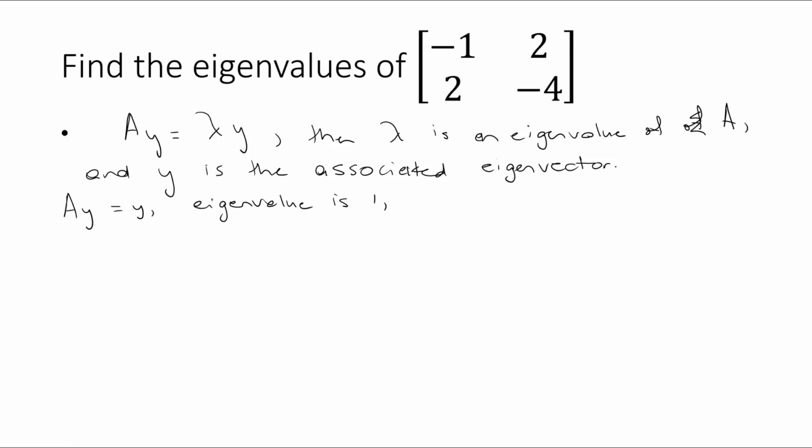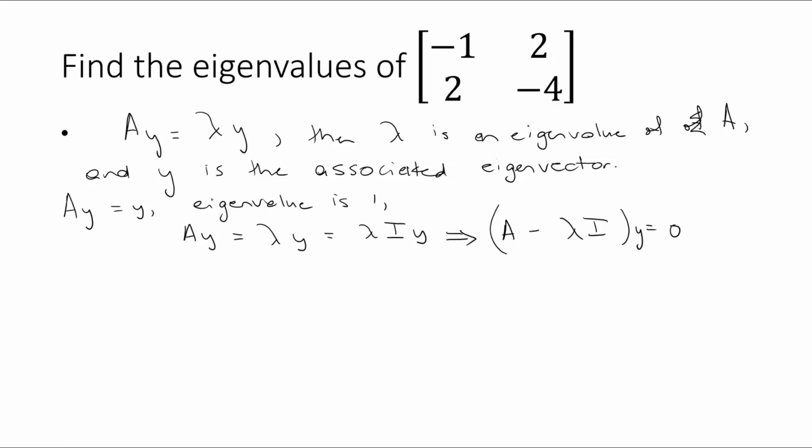But if we want to find any other possible ones, we need to solve, and to make it all work, we can say that that's lambda times the identity, and then further rearrange it. Then we've got that A minus lambda I times Y equals 0.